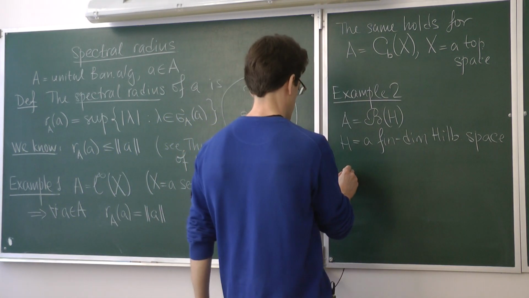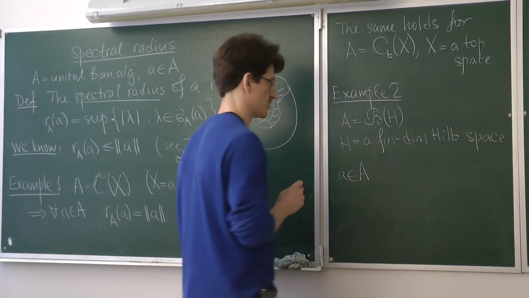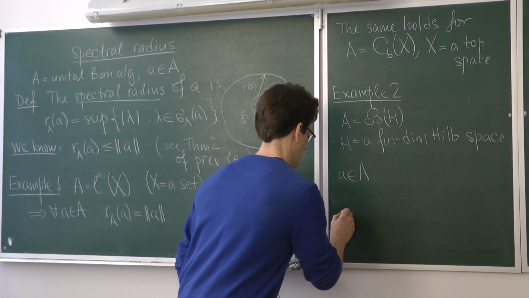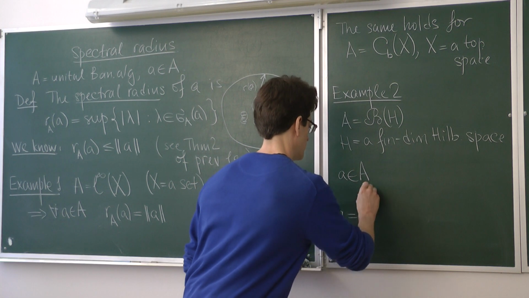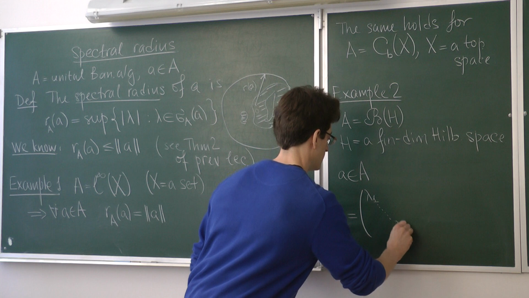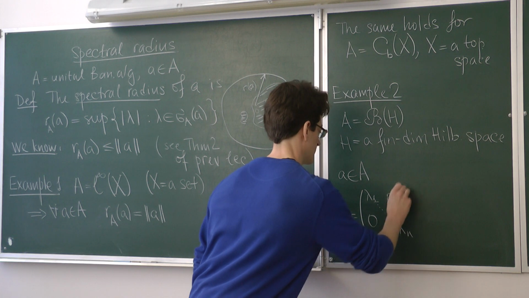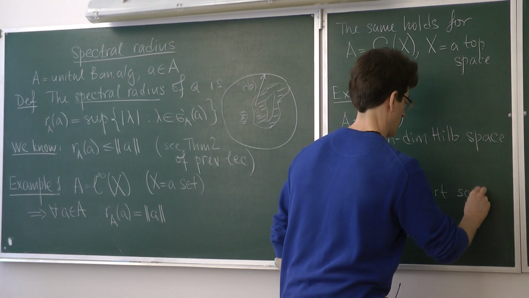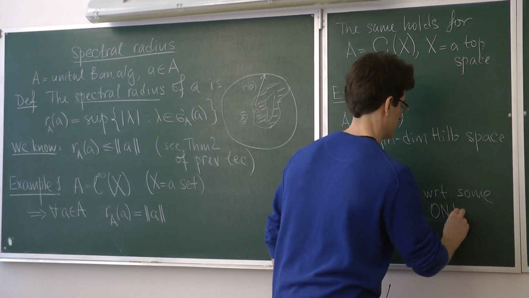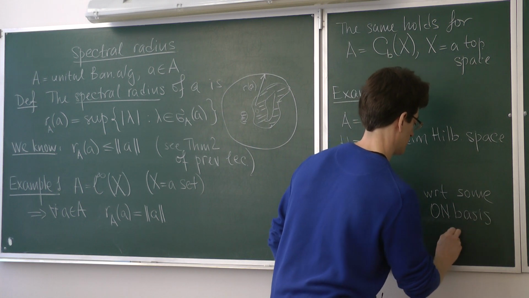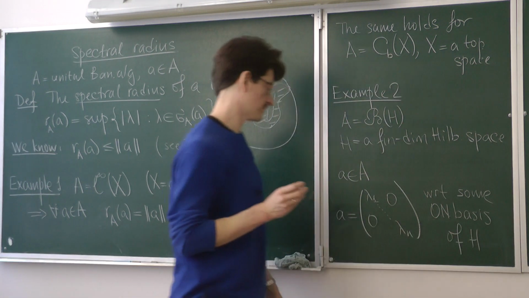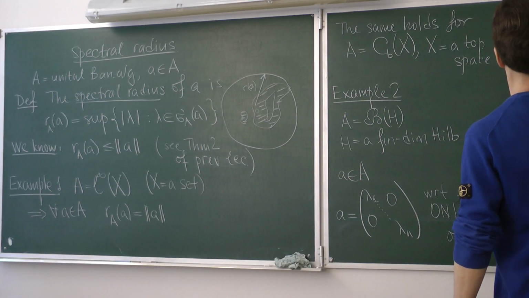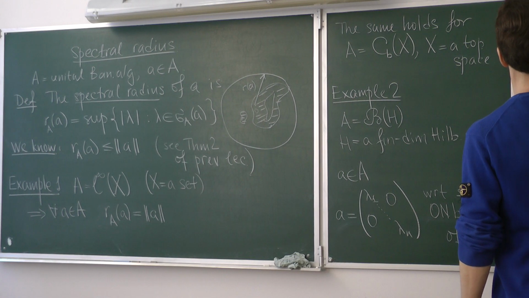And suppose that little a is an element of our algebra, that is, an operator on a finite dimensional Hilbert space, such that the matrix of this operator is diagonal in some orthonormal basis of H. Then what is the spectral radius?